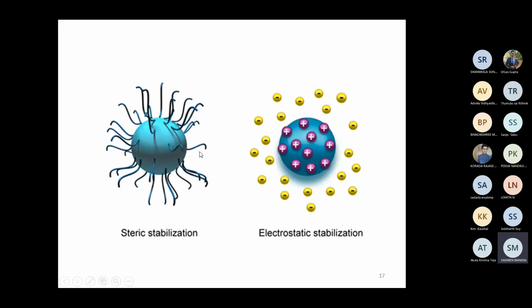It will adhere on the surface and it is covalently attached, so it will not be removed easily. Because of this steric hindrance, two nearby particles will not come closer. So these are the two ways we can make a stable Sol.